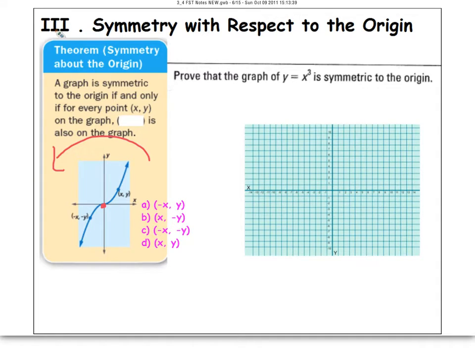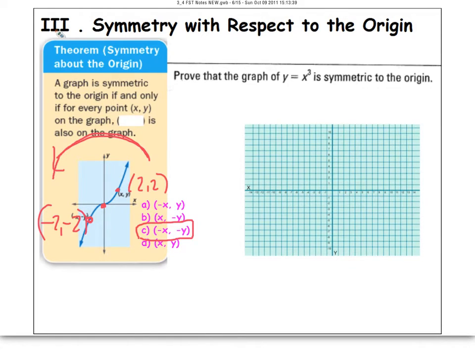What happens to the ordered pair, say (2, 2)? If we rotate it until we get over to this spot, it becomes (-2, -2). So we see the letter C relationship, which says if we put a negative x value into the function, what we get back is the opposite of the original.